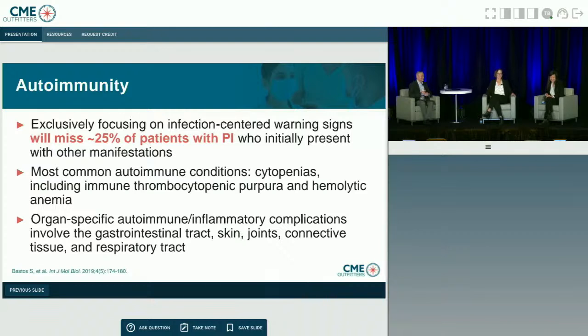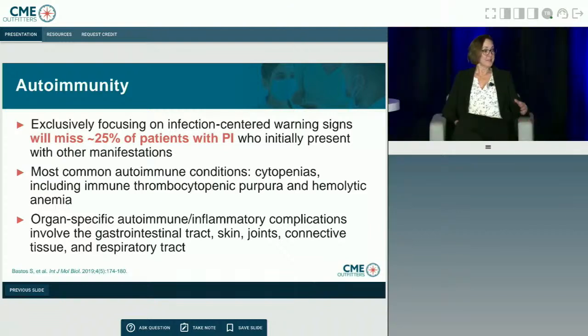I mentioned this earlier. 25% of patients who present with a primary immunodeficiency disease are presenting with autoimmunity. So this is another important marker. So this is where we get beyond infection. It's not just infection that should be raising our hackles to this diagnosis, and exclusively focusing on infection as an inborn error of immunity will miss those patients.